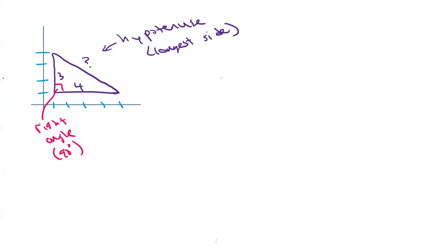So always directly across from the hypotenuse is the right angle, and vice versa. Across from the right angle is the hypotenuse. So does anybody remember, how do we calculate the hypotenuse? Pythagorean theorem, perfect. All right, the Pythagorean theorem.